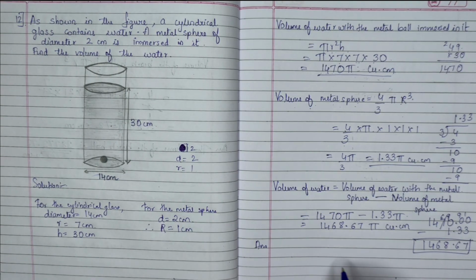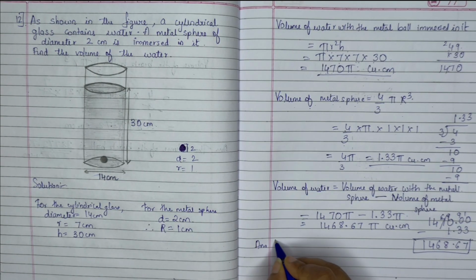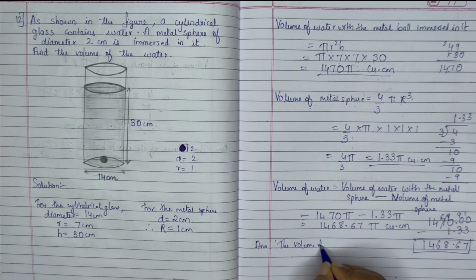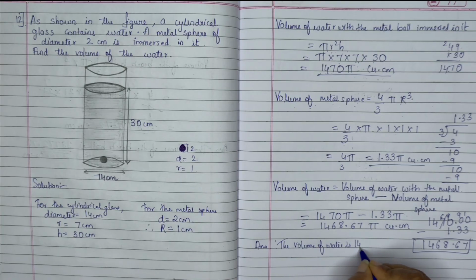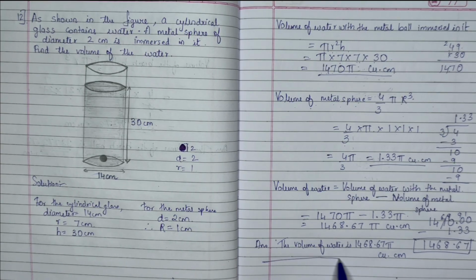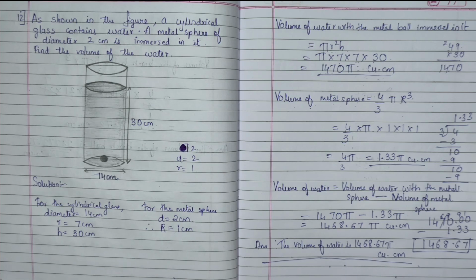Therefore, the volume of water is 1468.67 pi cubic centimeters. So this is your answer.